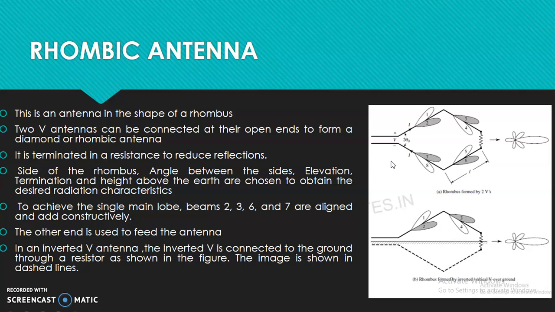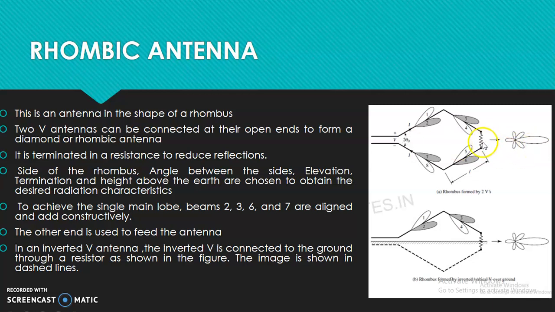Two inverted V antennas can be connected at their open ends to form a diamond or a rhombic antenna. So as the figure shows, we can see that two V antennas are connected at the open ends to form a rhombic antenna. It is terminated in a resistance to reduce reflections.